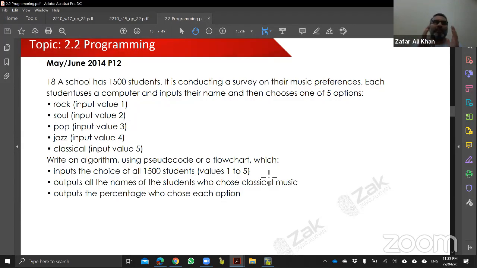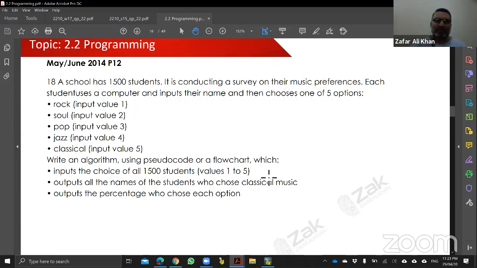So now over here it is given that if someone likes to choose rock sort of music, they will be entering 1. If they choose soul, they will be entering 2. If they choose pop, they will be entering 3. If they choose jazz, they will be entering 4. And if they choose classical, they will be entering 5. So write an algorithm using pseudocode or a flowchart which inputs the choice of all 1500 students.